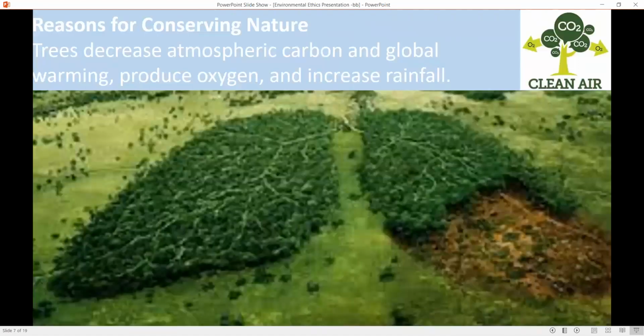To conserve nature, we must consider how to use but not overuse resources. Consider the following reasons for conserving our resources. Trees decrease atmospheric carbon and global warming, produce oxygen, and increase rainfall.